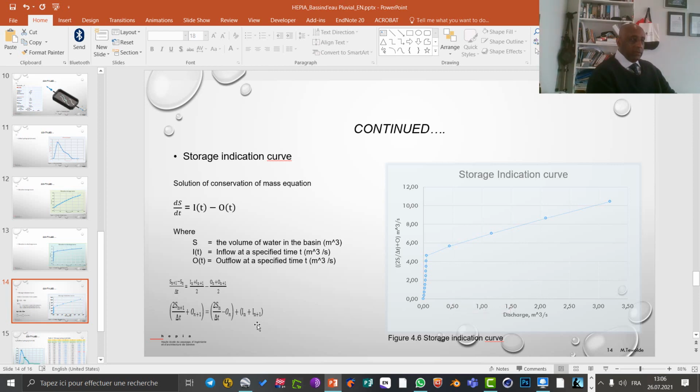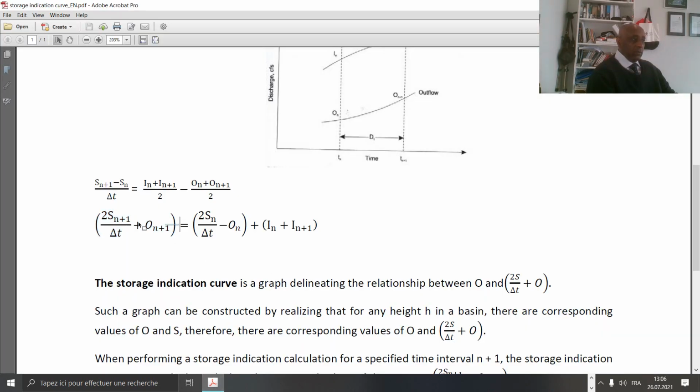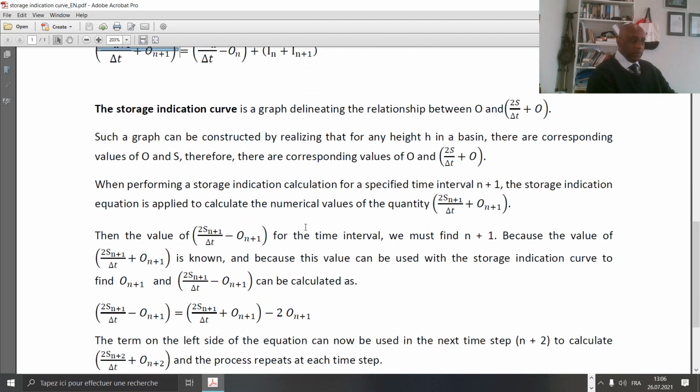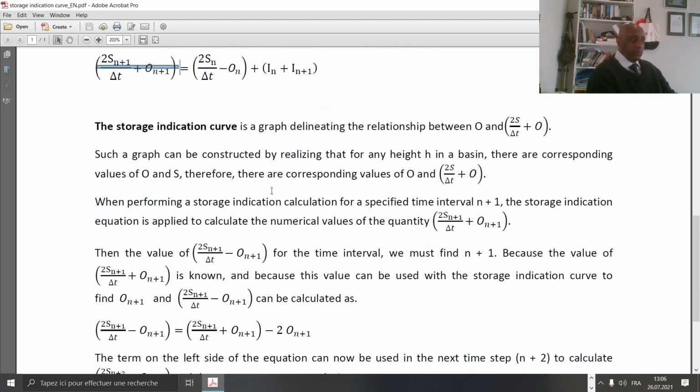Then, if we have the discharge, we can replace that discharge here. So now the variables are reduced. Now the only variable we don't have is the storage. So we can go to that. Now we can solve the equation. This means, for example, how we can solve it. We have this equation already from the graph.